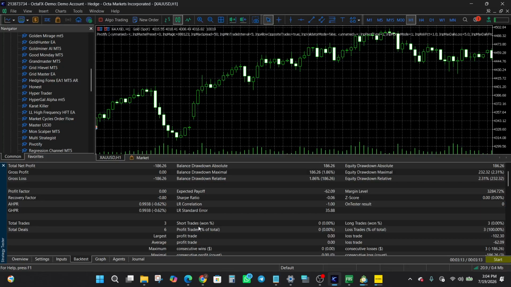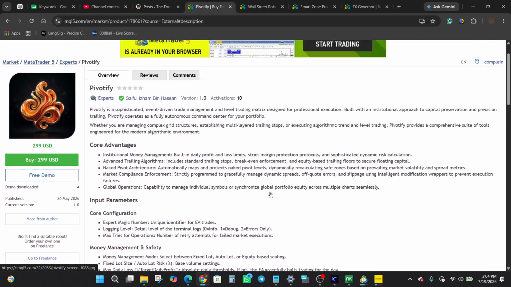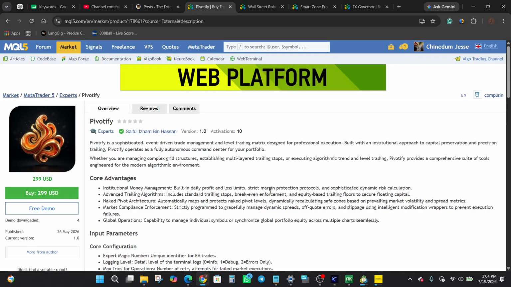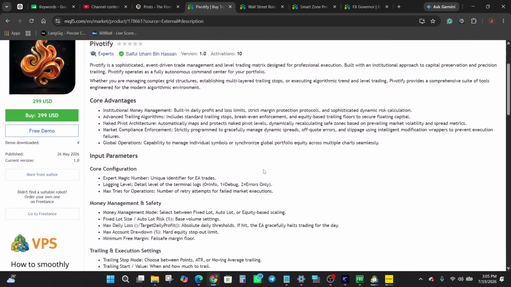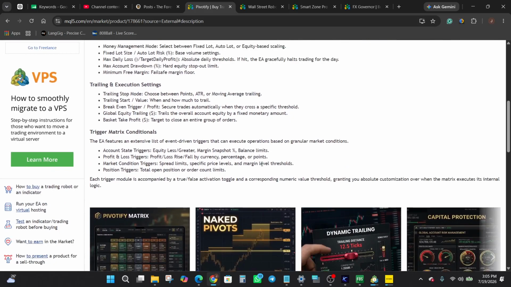It is possible that this tool is meant to be paired with a separate signal source or triggered manually through its conditional matrix rather than functioning as a self-contained signal generating expert advisor, right? So that should be something that you put into your consideration if you are interested in this expert advisor.